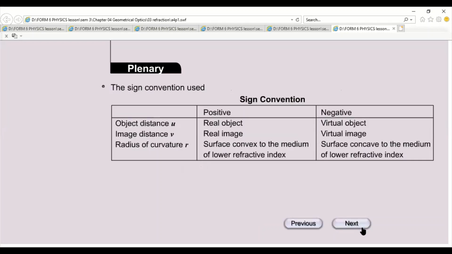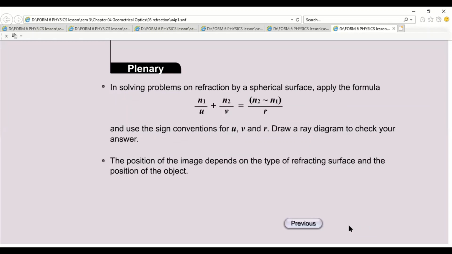The sign convention: the object distance u is positive for a real object, negative for a virtual object. Image distance v is positive for a real image, negative for a virtual image. R, the radius of curvature, is positive when it is a convex surface, negative for a concave surface.